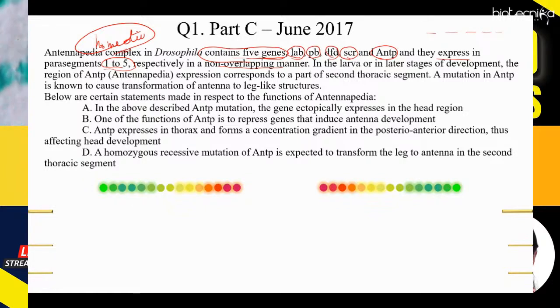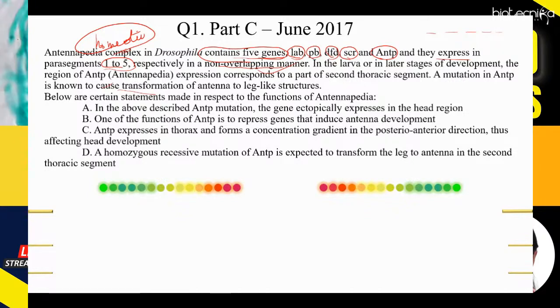In the larva, or in the later stages of development, the region of antennapedia expression corresponds to the part of the second thoracic segment. Mutation in antennapedia is known to cause the transformation of antenna to leg-like structure. So what does that mean?